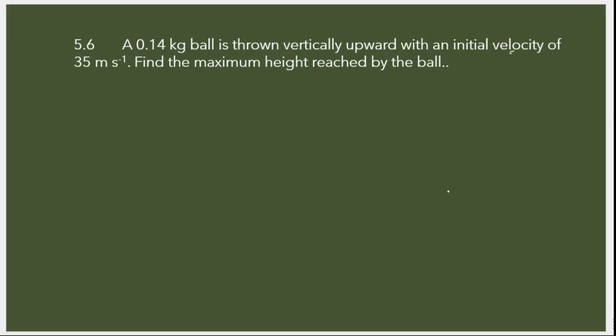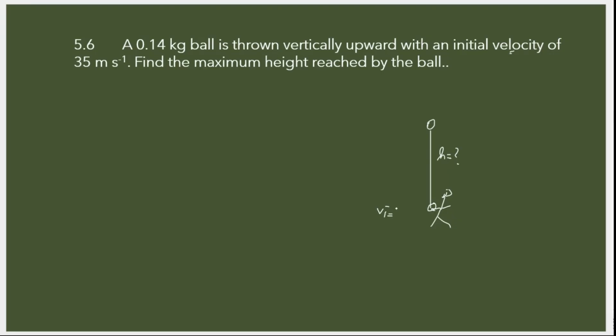For example, if someone is throwing a ball upward, this is a ball, it is being thrown upward, and the speed with which it was thrown is the initial speed vi.